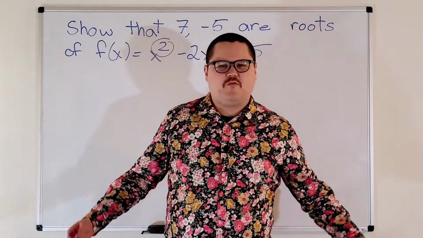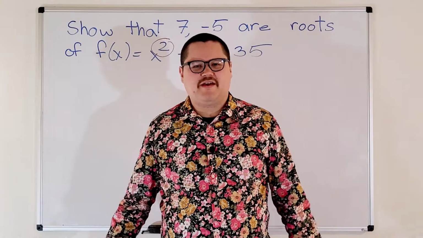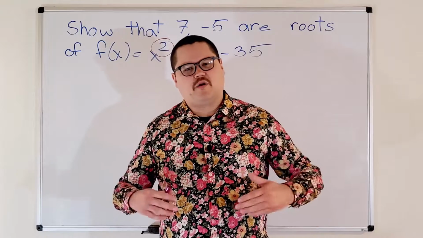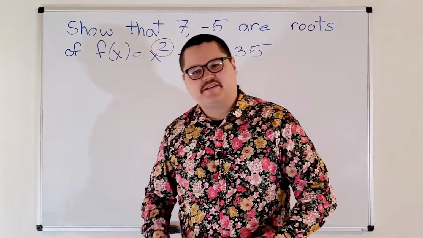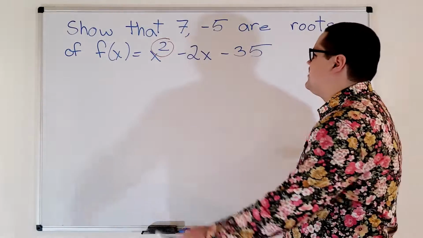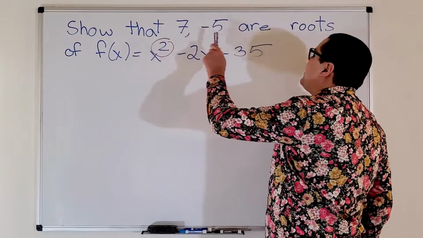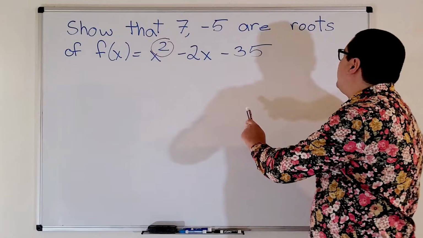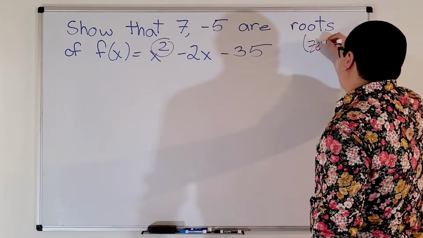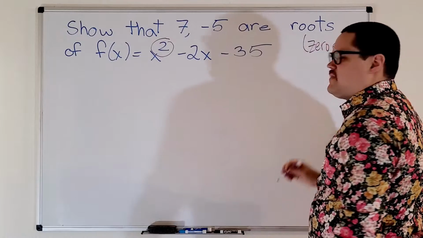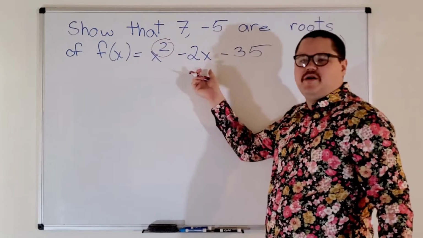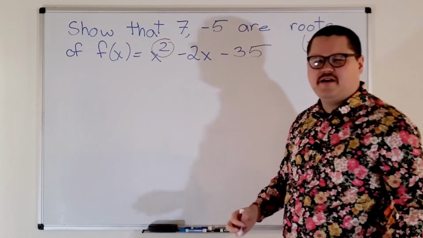Now the problem that we're mainly concerned with is finding roots or zeros of quadratics. An example is given by this problem here on the board. We want to show that 7 and -5 are roots, aka zeros, of this f of x, which is x squared minus 2x minus 35.